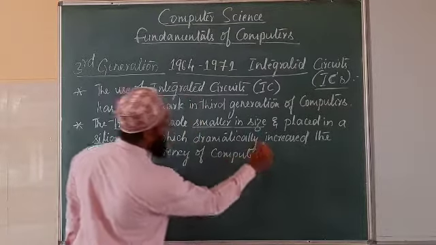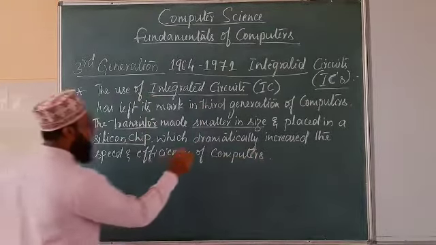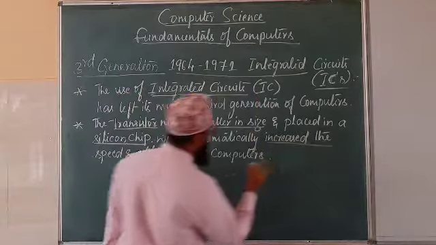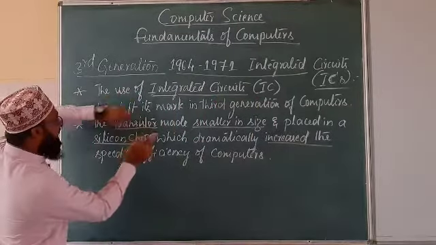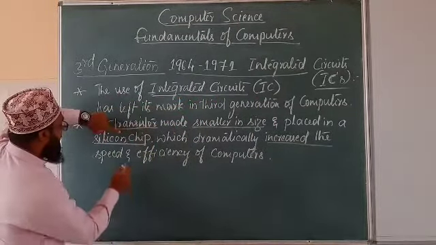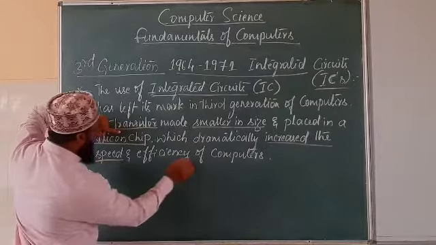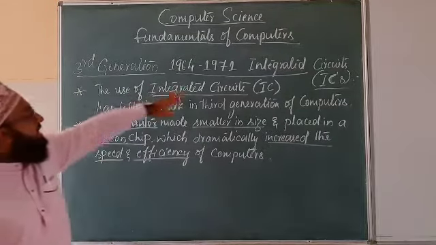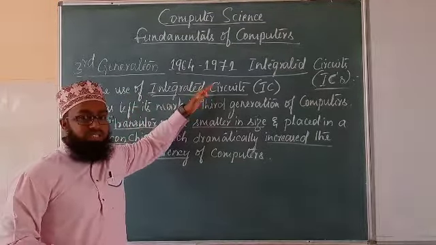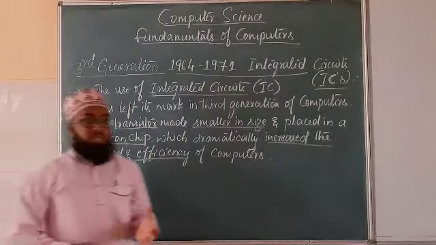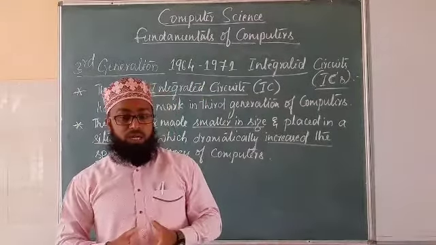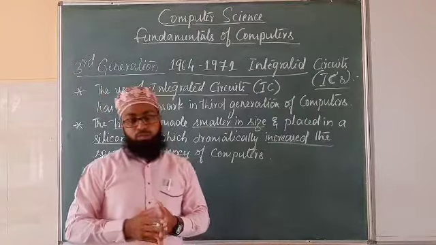Okay, which has increased the speed and efficiency of computers? These integrated chips. Okay, the silicon chips, which are called the integrated circuits. These ICs have increased the speed and efficiency of the computer.